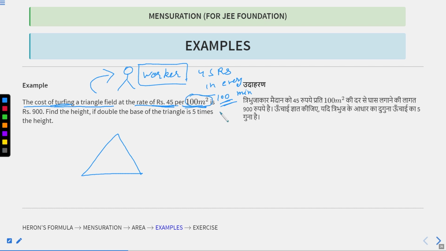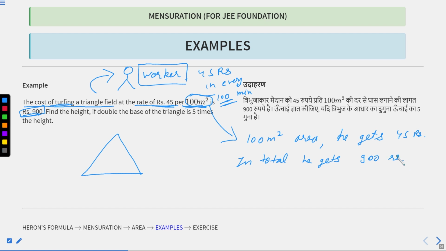This means, in terms of the question given, whenever the worker covers 100 meter square area, he gets 45 rupees, and in total he gets 900 rupees.